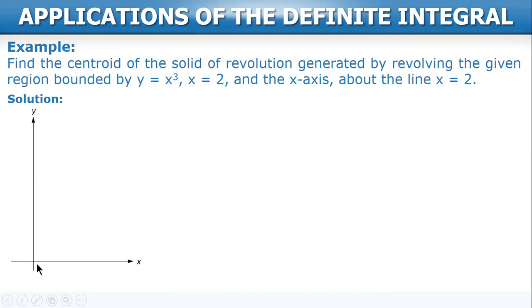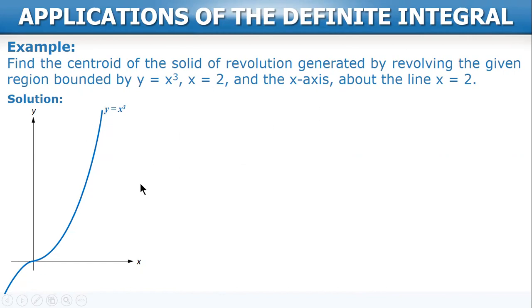Y equal to x cubed, this one. If you are not sure about this, you can substitute any values of x, solve for y, and connect the points. For sure you will have this graph.